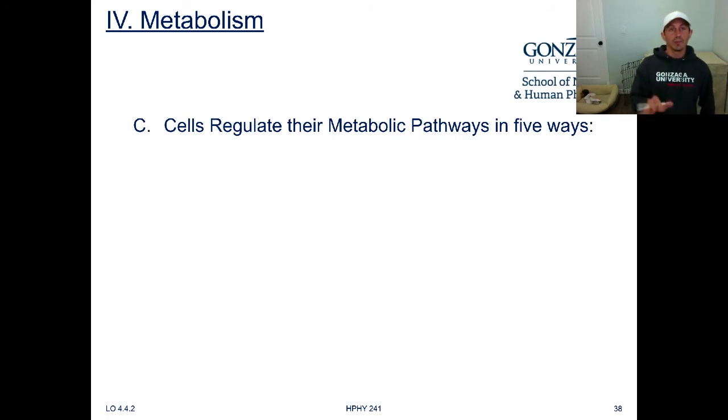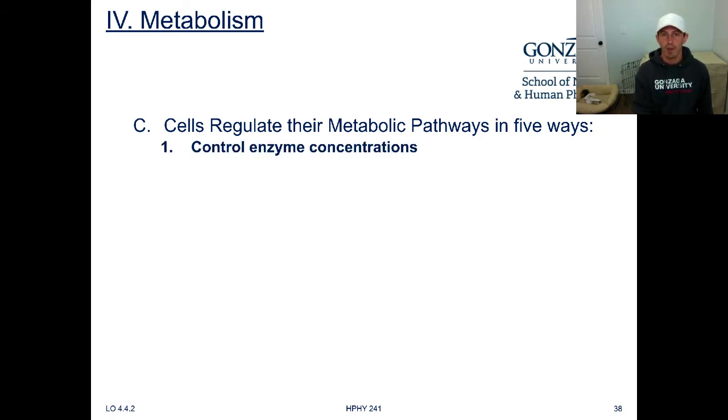Cells really, really want to regulate metabolic pathways, whether they're catabolic or anabolic. It's critical to a cell for most cells to do this. So again, we're going to cover ways that they do this, and some of it's going to overlap with what we've established previously in regulating reaction rates and regulating enzymes.